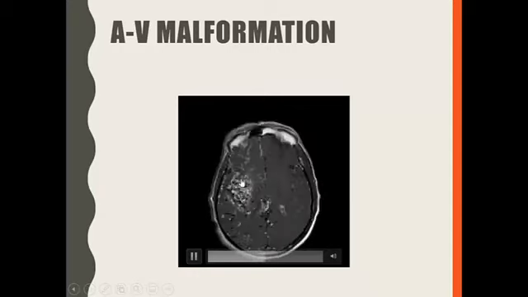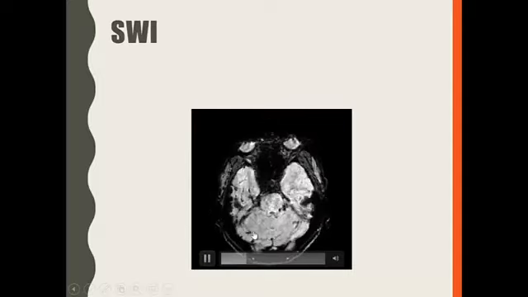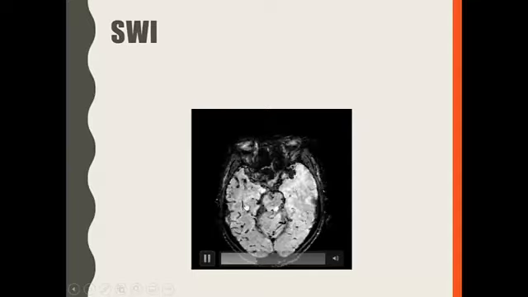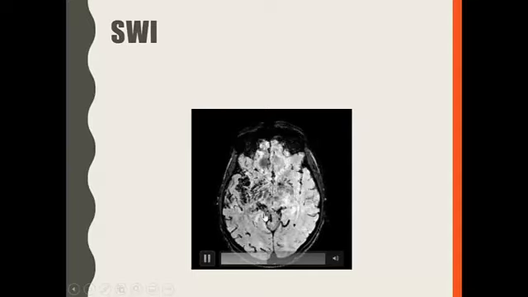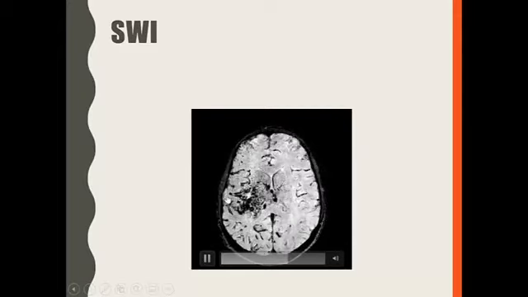And the best sequence to detect vascular malformation, in my opinion, is the susceptibility weighted image, which is sensitive to the deoxyhemoglobin presence inside the vessels. Here is the susceptibility weighted image of the same patient, and it shows the AVM with deep venous drainage as well as the superficial venous drainage.